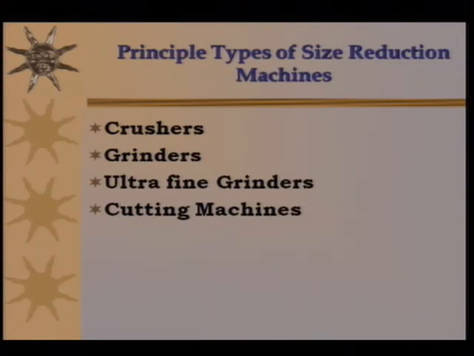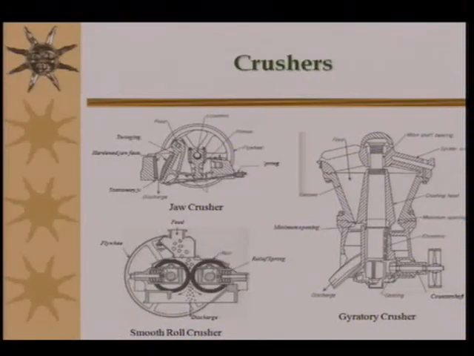The first machine is subgrouped as crushers, the second we call grinders, the third as ultra fine grinders, and then we have cutting machines. I will be dealing one by one with each and every aspect of these 4 types of size reduction machines. Now in front of you the crushers are displayed.